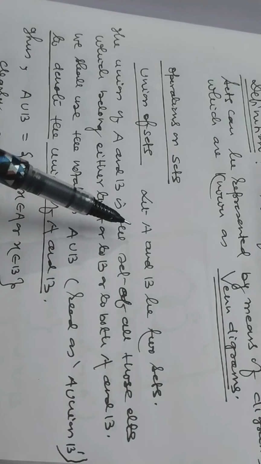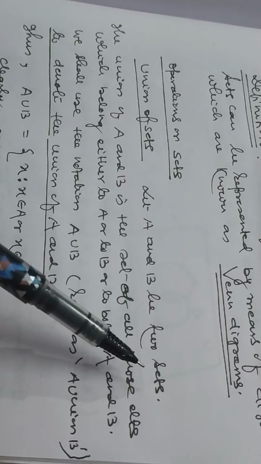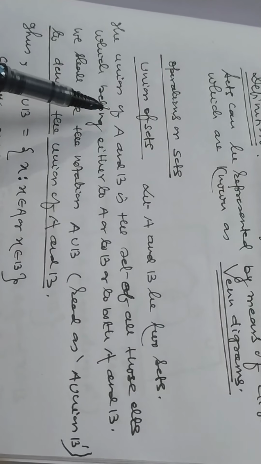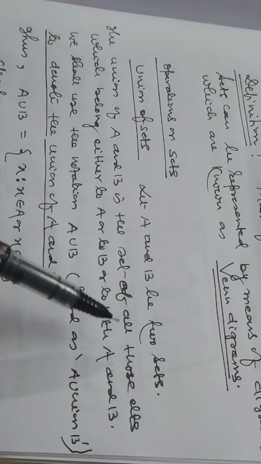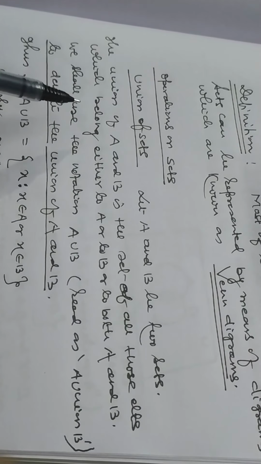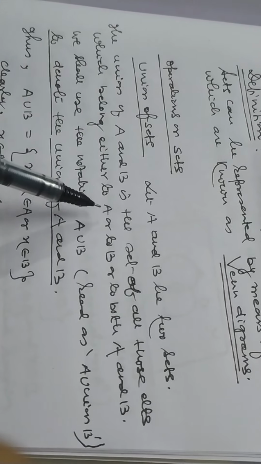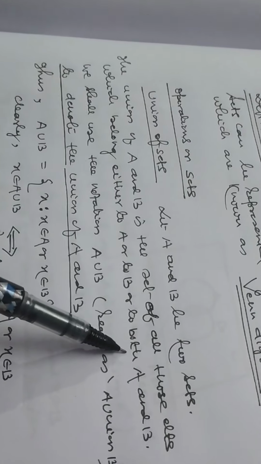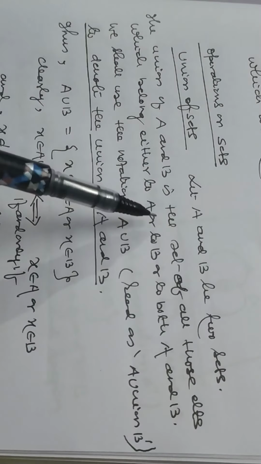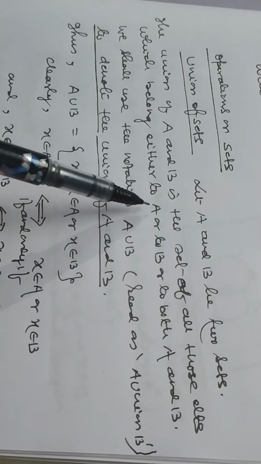Union of sets. Let A and B be two sets. The union of A and B is the set of all those elements which belong either to A or to B or to both A and B. There are three conditions here.